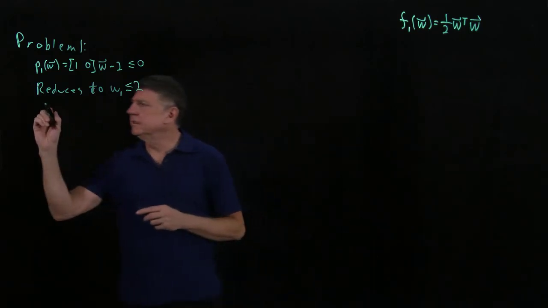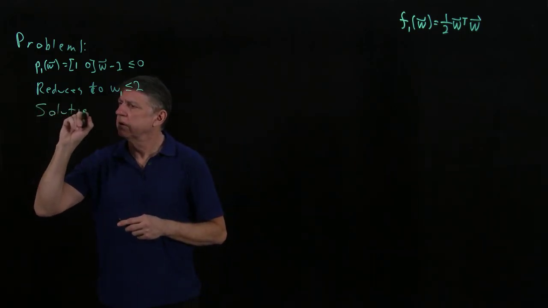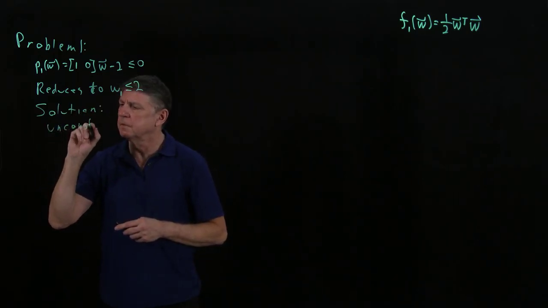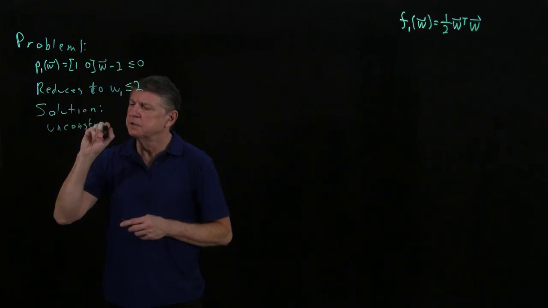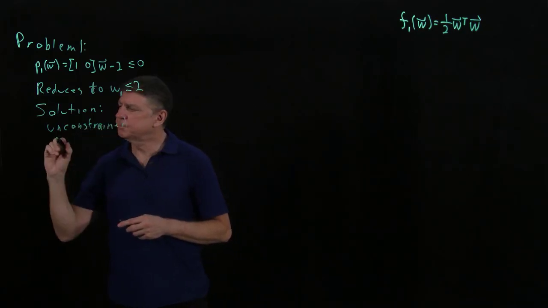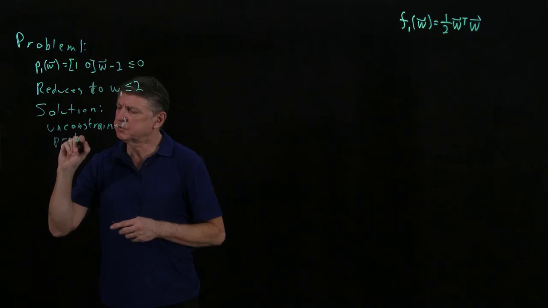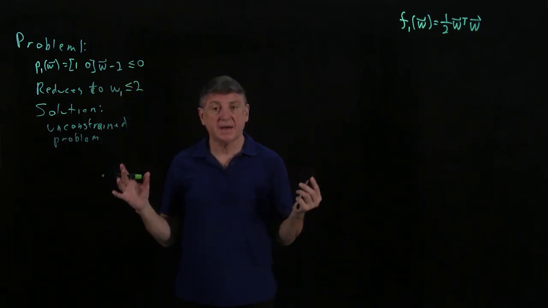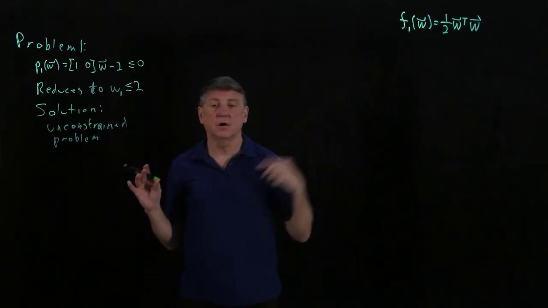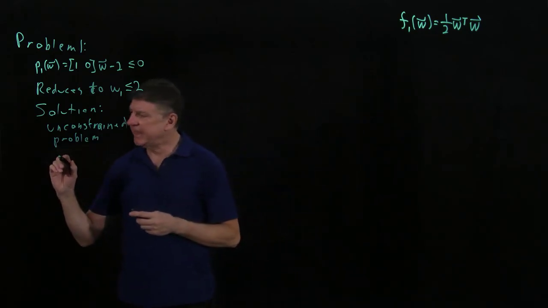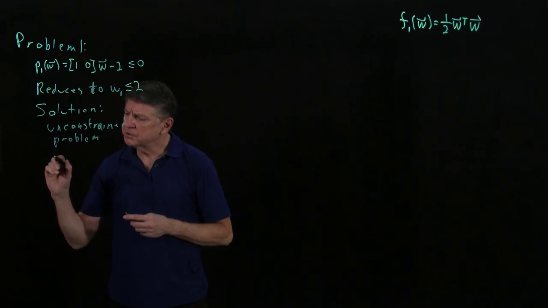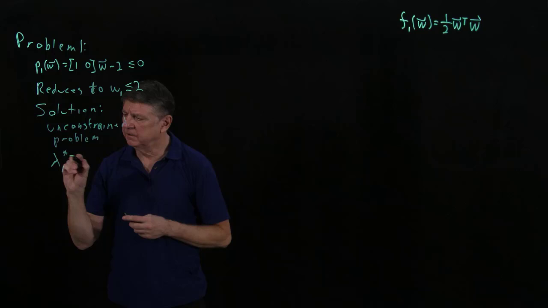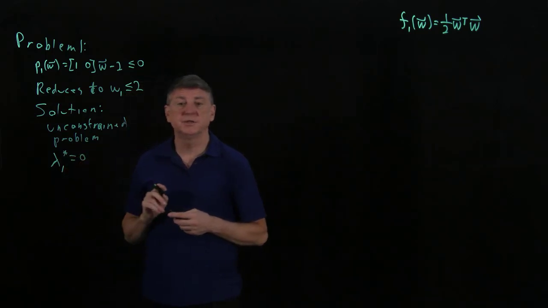So the solution is the unconstrained problem. That is, the user has provided us with a constraint, and that constraint simply isn't active at the optimum. That implies that the Lagrange multiplier for this problem is 0.